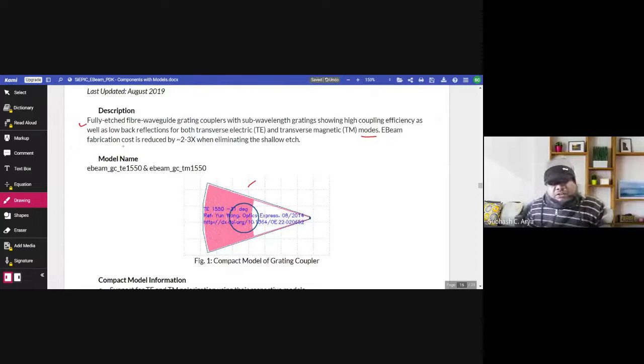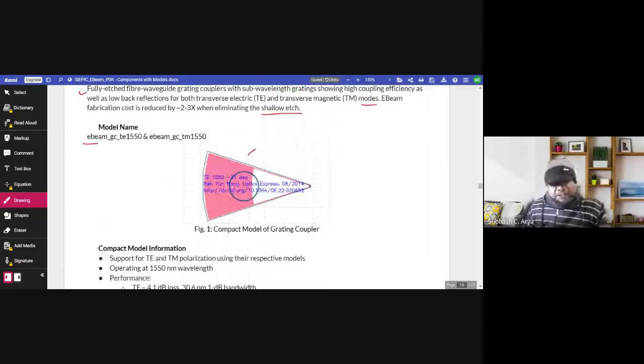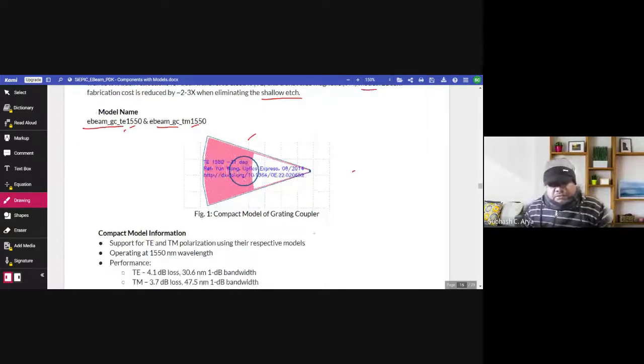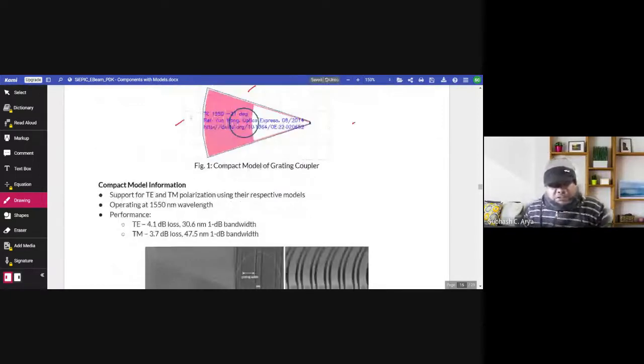E-beam fabrication cost is reduced by 2 to 3 times when eliminating the shallow etch. Okay, so the model names are E-beam grating coupler for TE mode and E-beam grating coupler for TM. So this one was for TE and another one was for TM. So you have seen I have used it for TE as well as for TM mode.